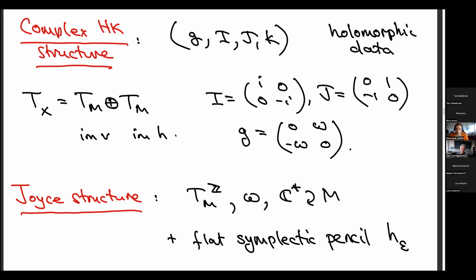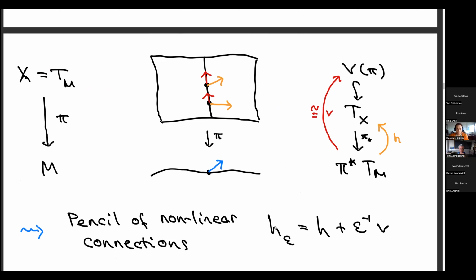That gives you a space, Z epsilon, and if you put those together as epsilon varies, that gives you your twistor space.